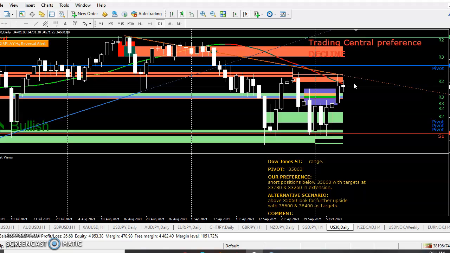So we're bullish for the day with a decline. That'll mean that we're going to wait for the pullback, take a buy at the previous zone for 33,760.